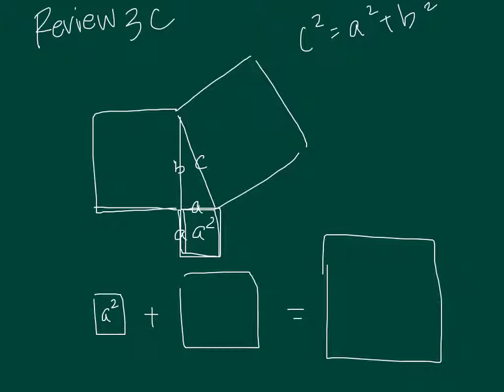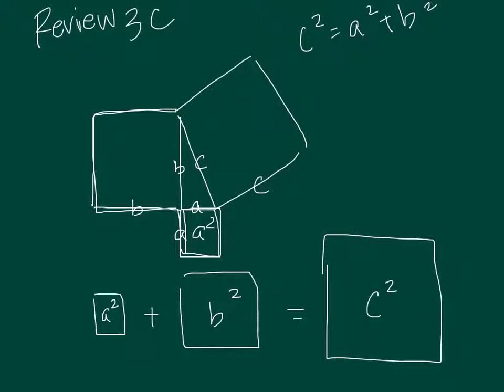And then the area of the medium square is B times B, therefore it's B squared. If you add those two areas, that's going to be the same as the area of the third square, which is C times C, which is C squared.